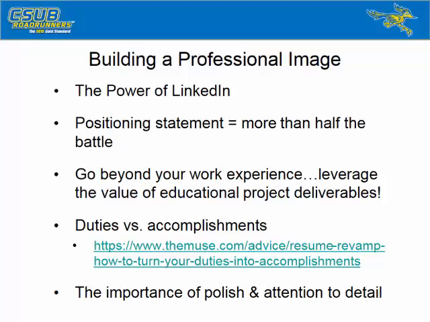I'm not sure what the number is there, but that's another way of describing myself that's much more concrete. So I want you guys to really describe numbers attached to your accomplishments rather than just talking about the duties that you've had in your various jobs.